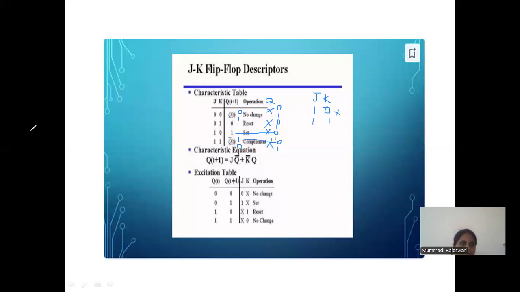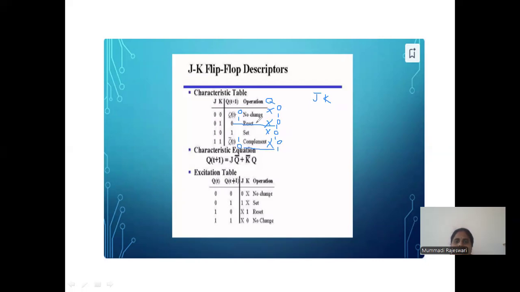Next, see the third condition. The third condition is when Qn is 1 and Qn+1 is 0. See where that condition appears. Qn is 1 and Qn+1 is 0. That is 1, 0, which means this is one condition and this one is one condition.